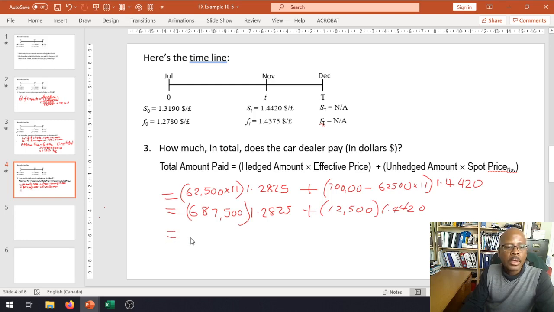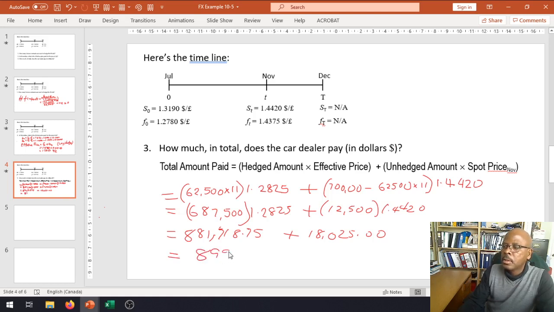And when you work all of that out, then you end up with this, I think, is 881,718.75 plus 18,025.00, and this then works out to be 899,743.75.